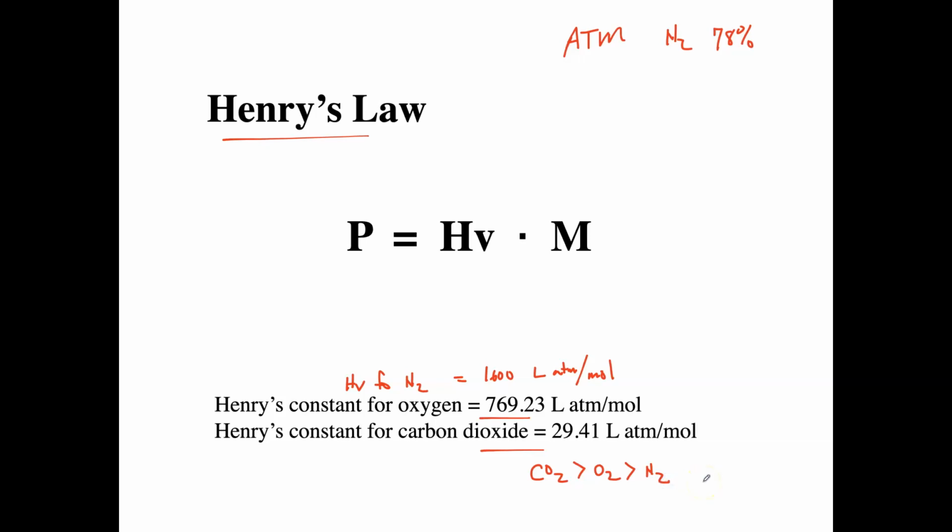So what Henry's law allows us to calculate is the molar concentration in solution at given partial pressures. Because the constant is so high for nitrogen, at 1,600 liters atmospheres per mole, you get very little molar concentration in solution.